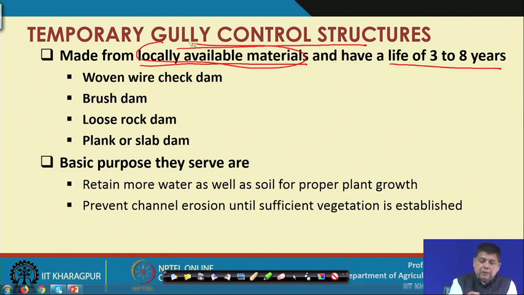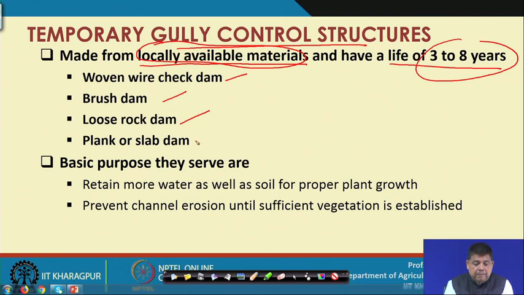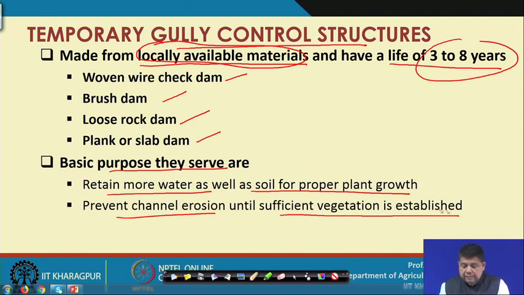Various temporary gully control structures could be woven wire check dam, brush dam, loose rock dam, plank or slab dam, and the basic purpose they serve is to retain more water as well as soil for proper plant growth, that is basically soil and water conservation, and to prevent channel erosion until satisfactory vegetation is established. So, basically gully reclamation, so that vegetation grows sufficiently and no further erosion or extension of the gully could take place.